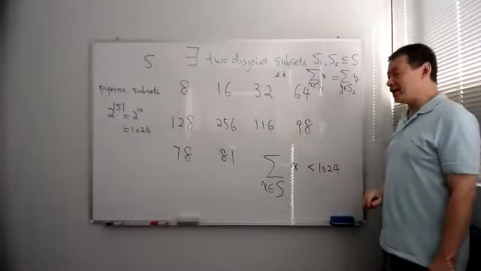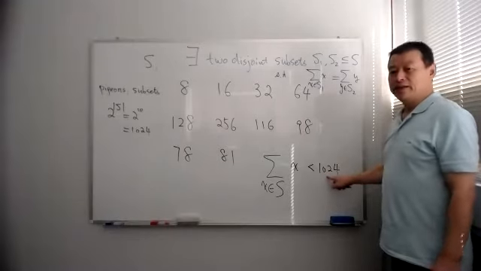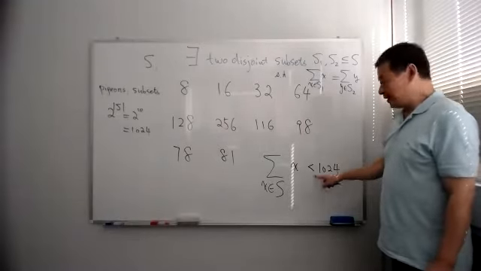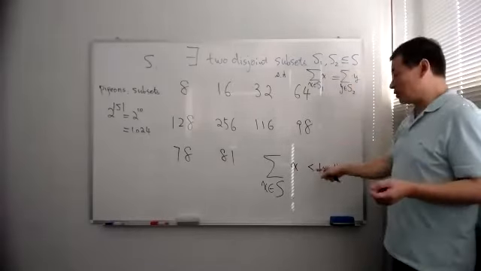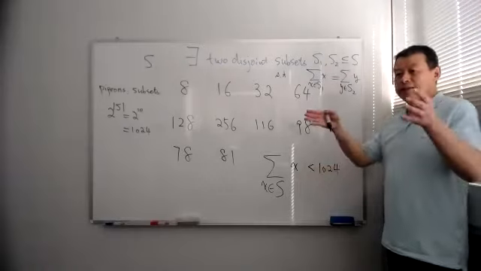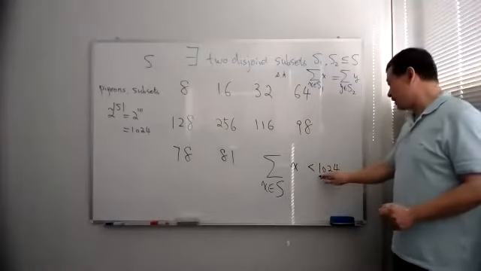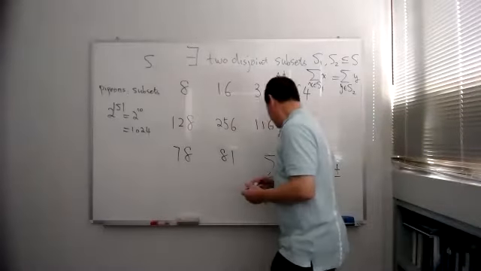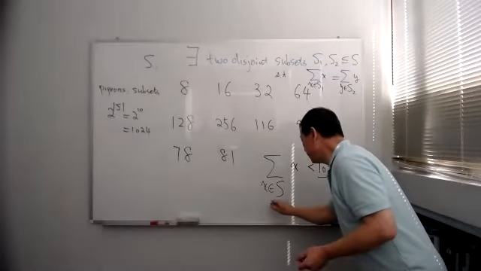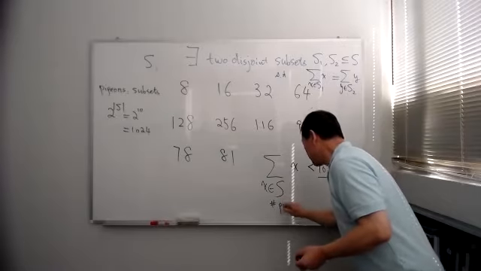So the number of possible sums of these subsets will be less than 1024. So we have a number of pigeonholes that's less than 1024.